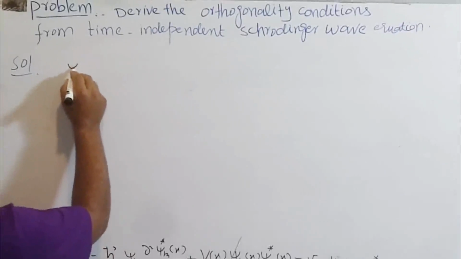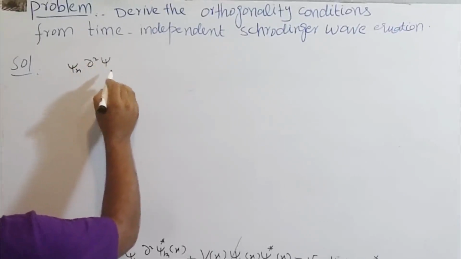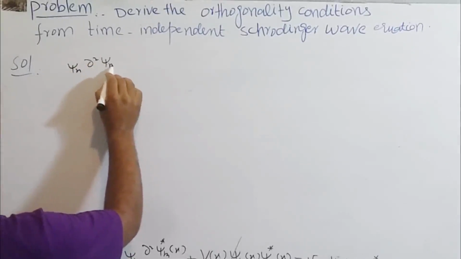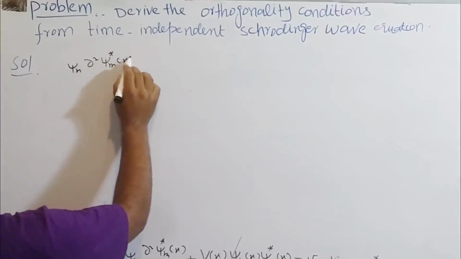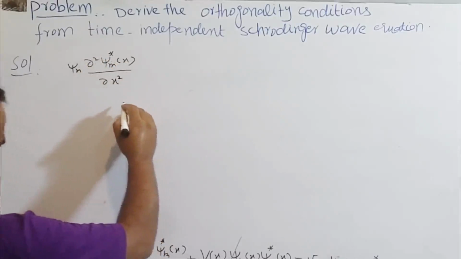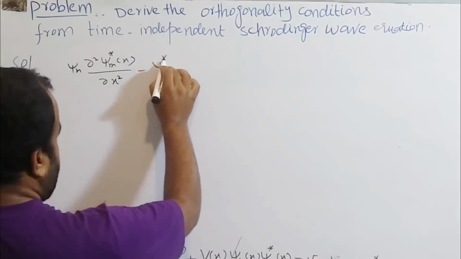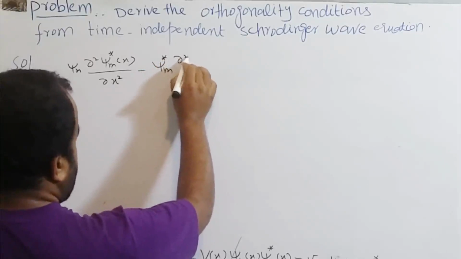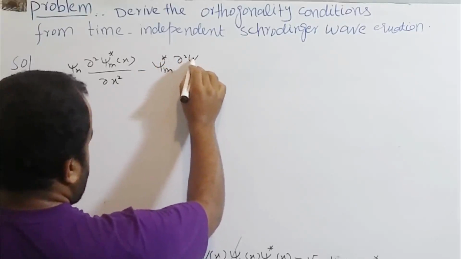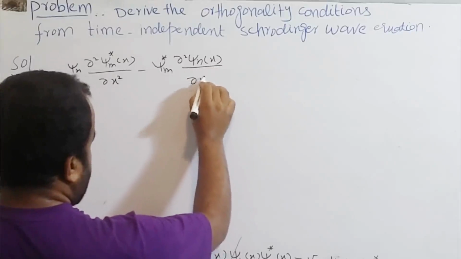It will be ψn ∂²ψm* of x divided by ∂x² minus ψm* ∂²ψn of x divided by ∂x².